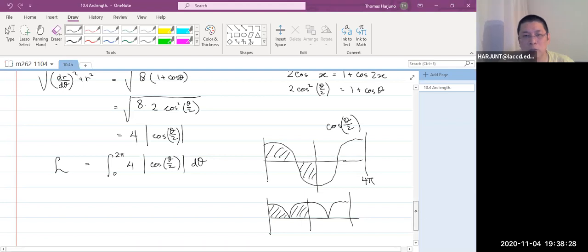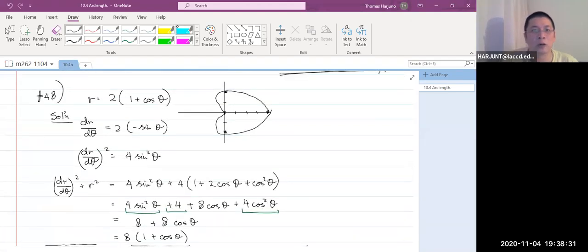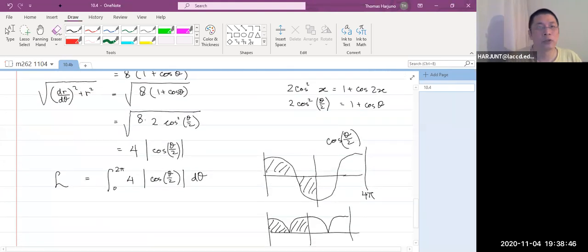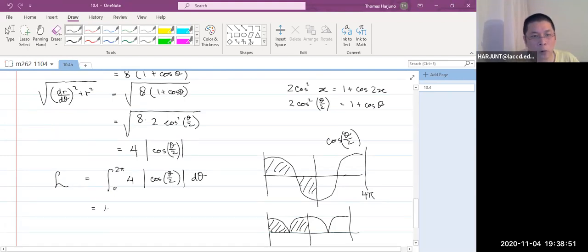As we expect, because later on you will see we can just find the arc length here and then multiply by 2. It's symmetric with respect to the x-axis. So let me benefit from that. I will have 4 times 2 integral from 0 to pi. Once I bring it to 0 to pi, theta over 2 will be still in quadrant 1, where cosine is still positive.